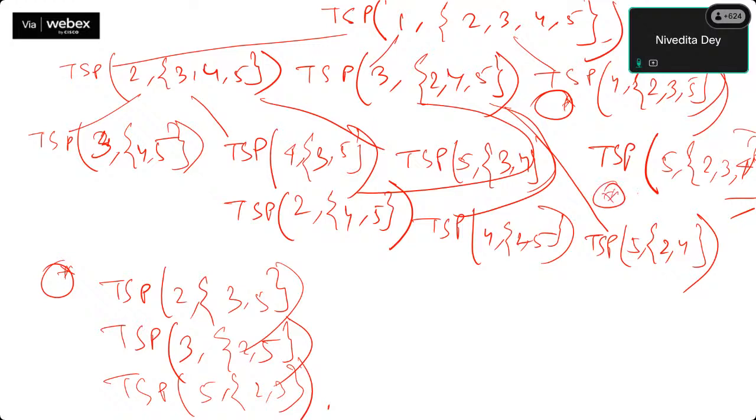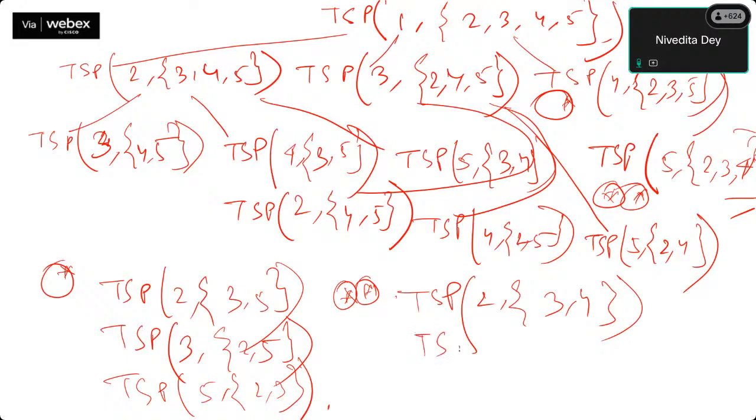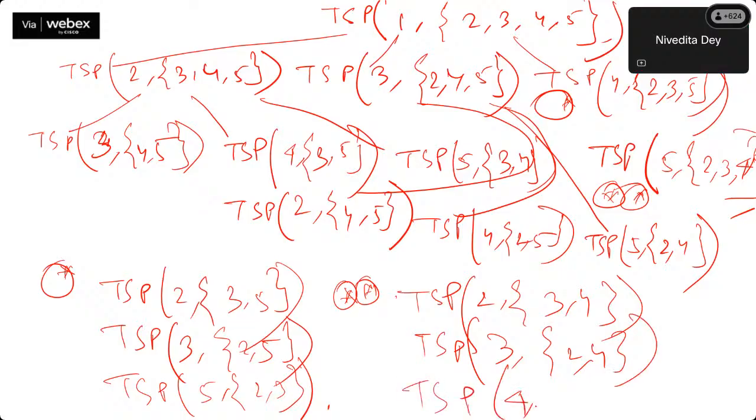And this particular subproblem will be TSP 2, 3, 4, then 3, 2, 4, then 4, 2, 3.